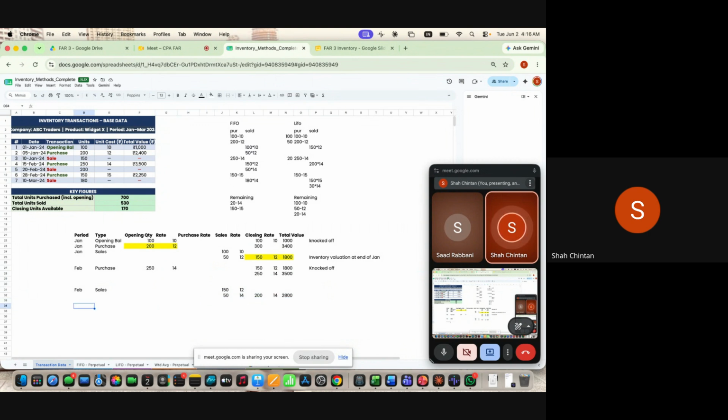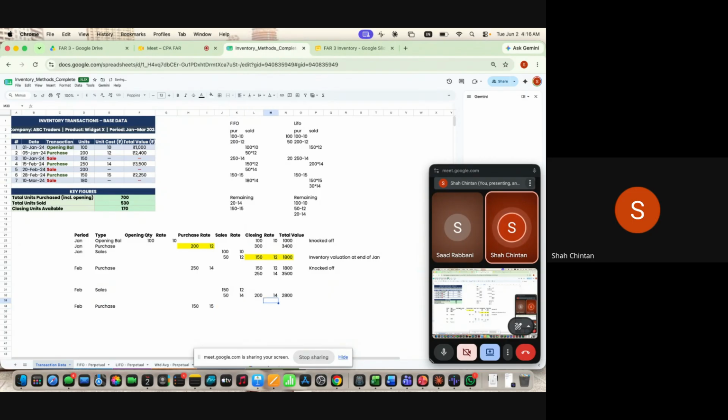Now, let's say you are still in the month of February, you have done more purchases. Sorry, I think I have to put this in this column and the purchase in this column. Let's say you have purchased another 150 units at $15 each.